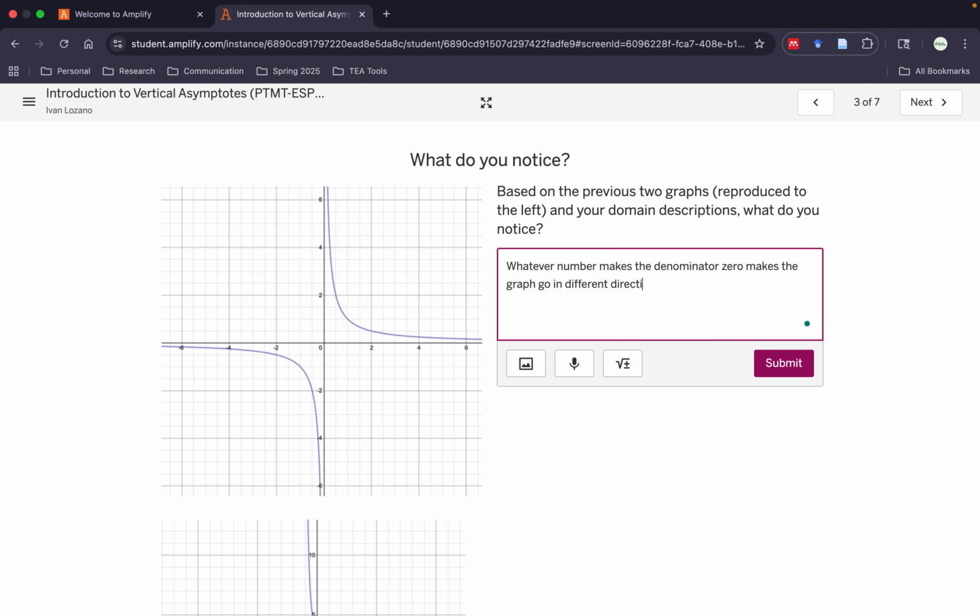Some students might say infinity. Some might even point out it's because you're dividing by 0. You divide by smaller and smaller numbers, you get bigger and bigger numbers. So when you divide by 0, it's infinity.